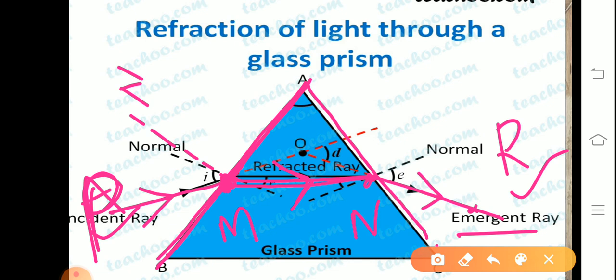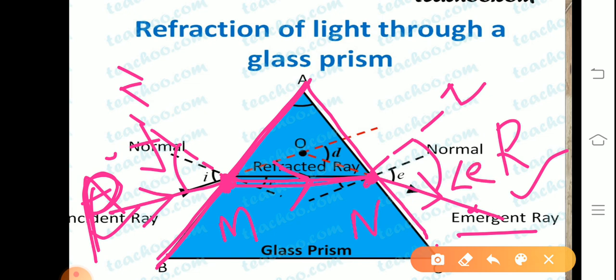The angle between the normal and the incident ray is the angle of incidence. And again, if you draw a perpendicular line through the point N, it becomes another normal, and the angle between this normal and the emergent ray is called the angle of emergence.